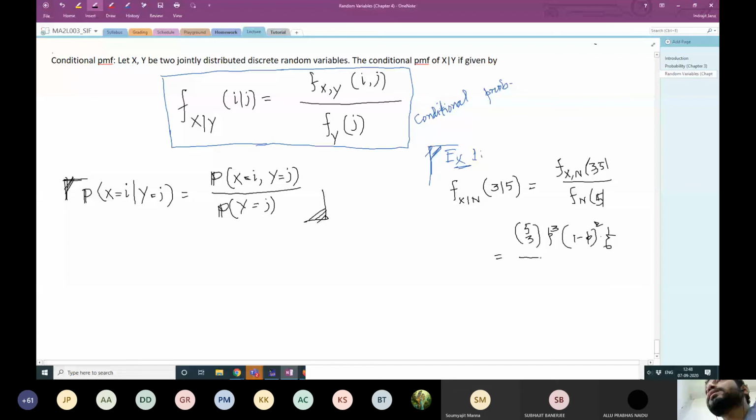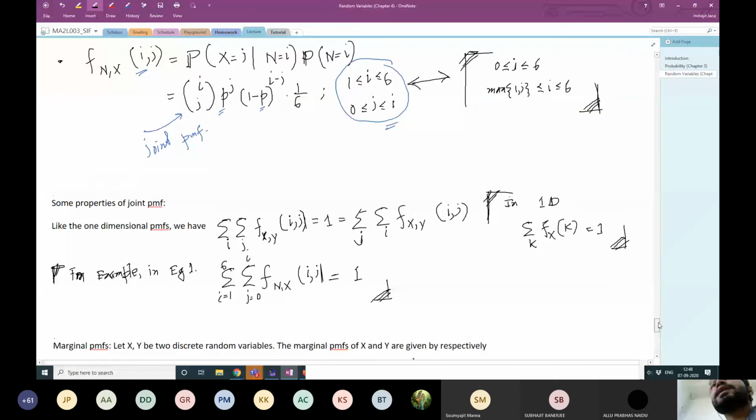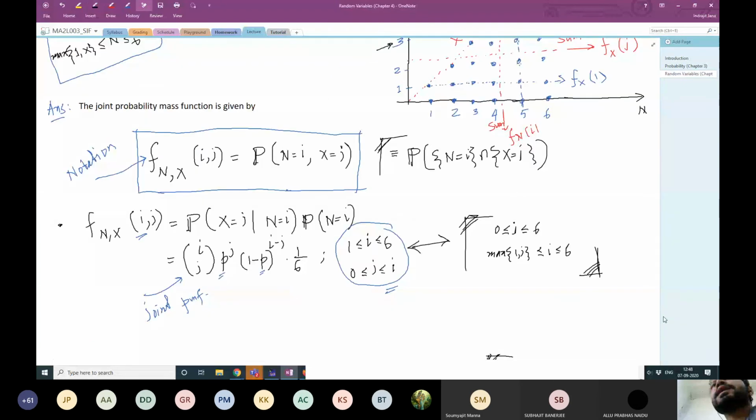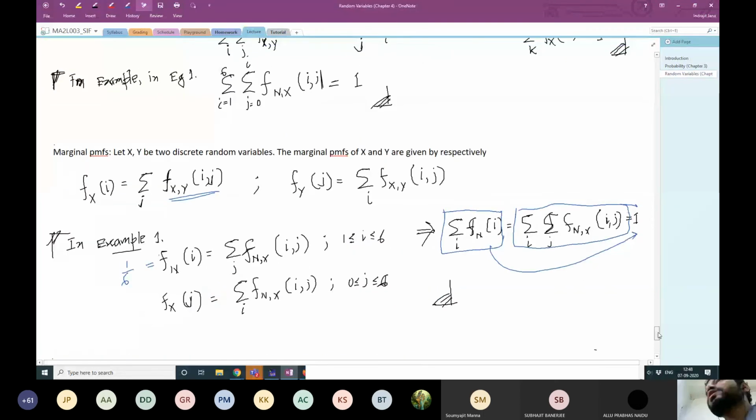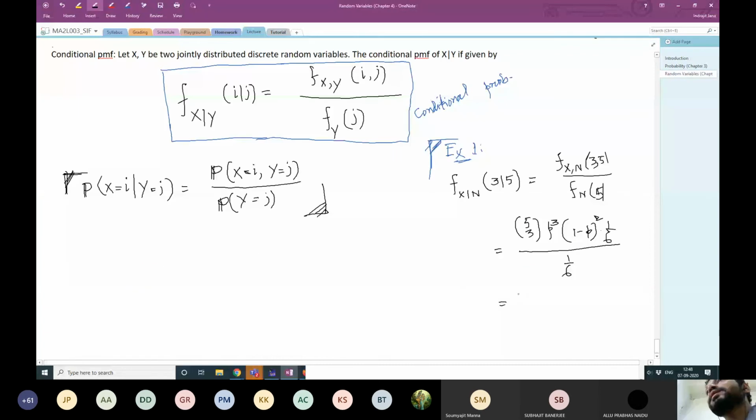All of this information is actually from this joint distribution here. I get f_XN(3,5) from this information, and f_N(5) from here. F_N(i) for all i is 1 over 6. So you get 5 choose 3, p cubed, (1 minus p) squared.